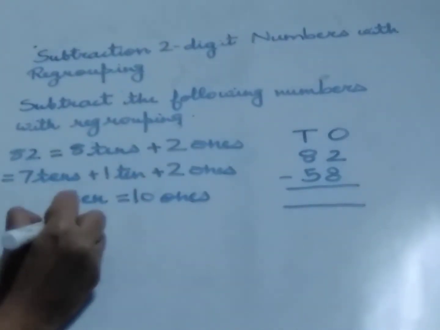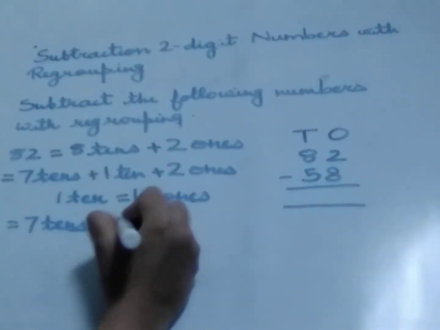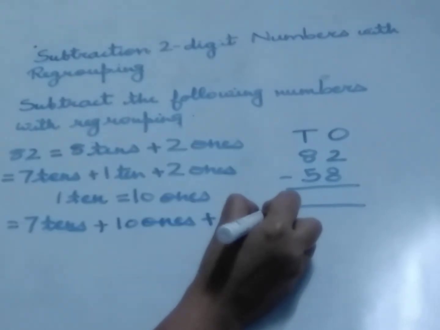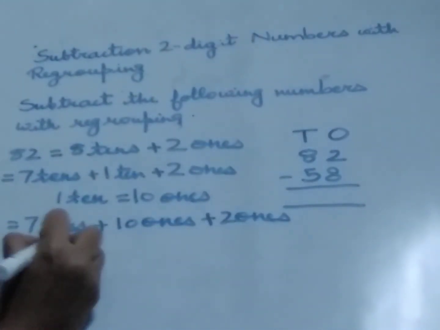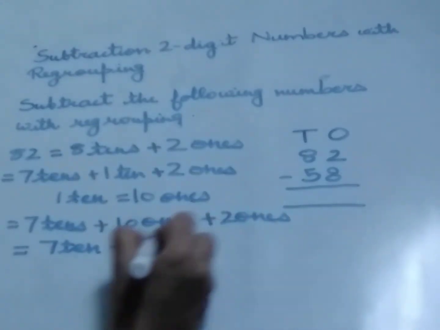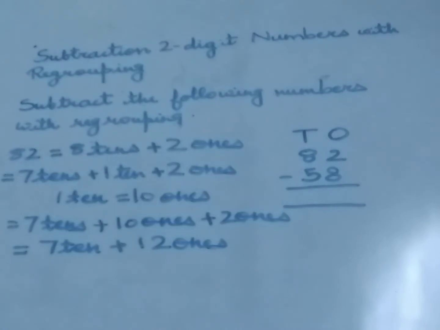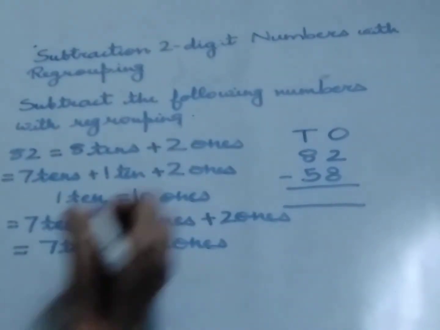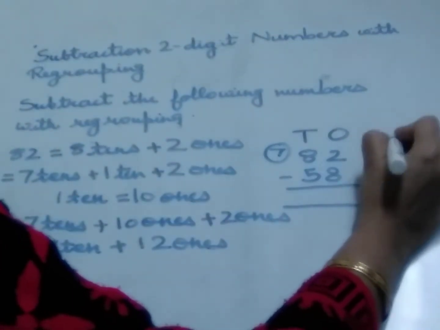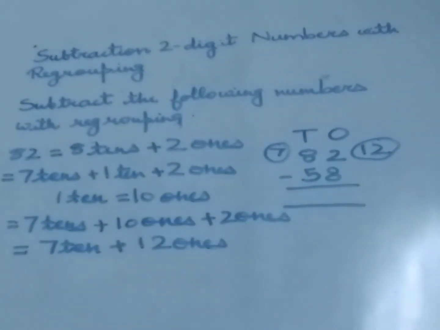That means 7 tens plus 10 ones plus 2 ones. 7 tens. Add 10 ones plus 2 ones gives you 12 ones. Now write this 7 in the tens column and 12 in the ones column and subtract this 58 from these numbers.